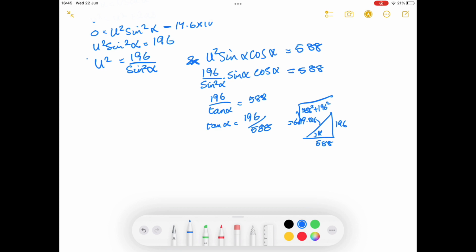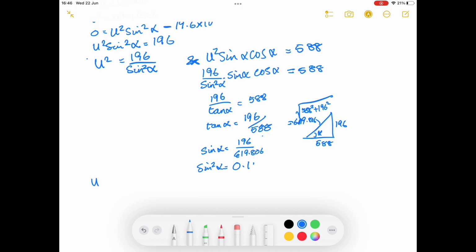So sine alpha is 196 over 619.806, and what we need to work out is sine squared alpha. You just plug that in your calculator, and you'll find that it is 0.1, basically, to two significant figures.